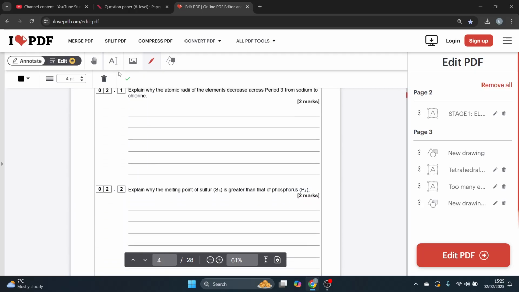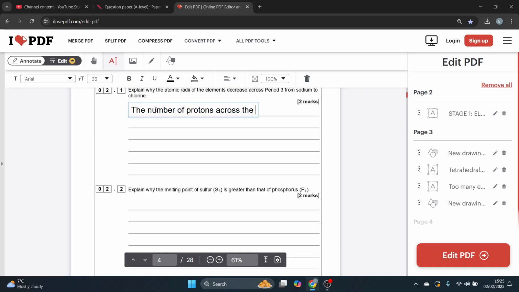Explain why the atomic radii of the elements decrease across the period from sodium to chlorine. What you need to talk about in this case is that the nuclear charge is increasing whilst the shielding stays the same. The number of protons across the period, the nuclear charge, increases.